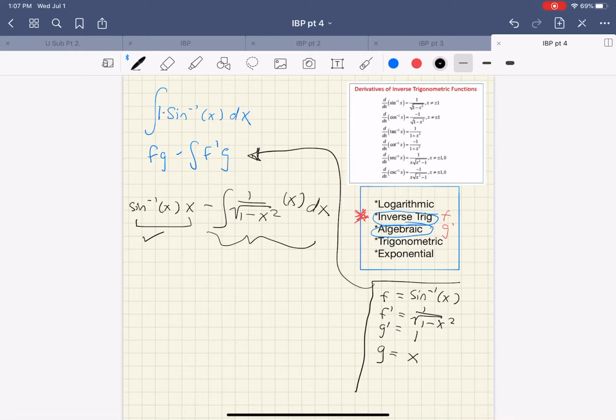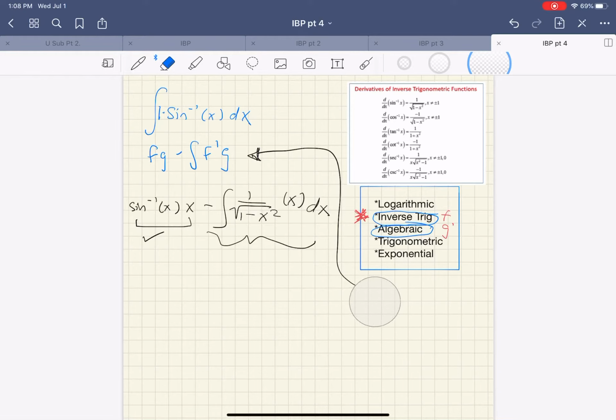But if we look at it, at the beginning of the video I said we can apply old techniques? Well, that's what we're going to do right here. Since I see a 1 minus x squared, and if I were to take the derivative of that, I would get an x somewhere, and I have an x in there which can cancel out. So I'm going to go ahead and apply u-substitution. I'm going to just go ahead and erase this.